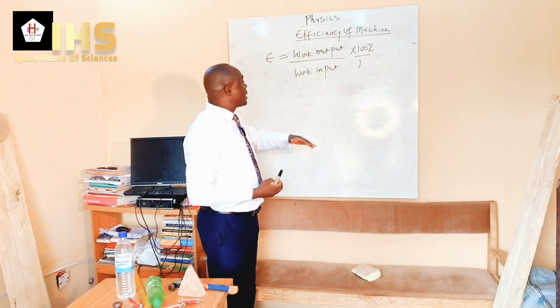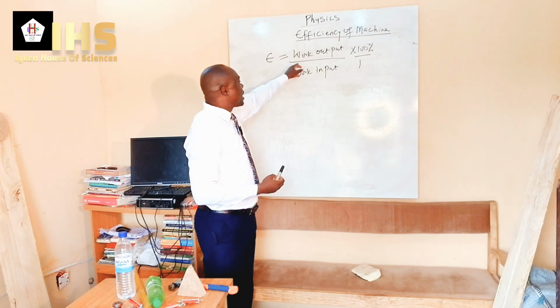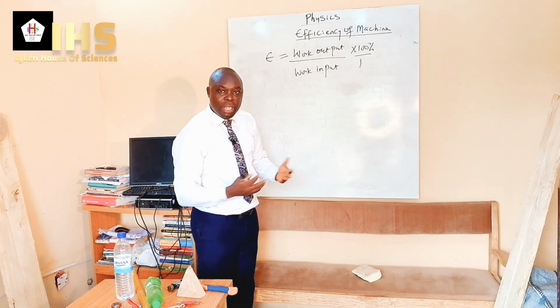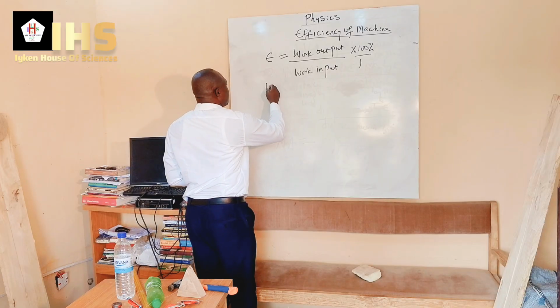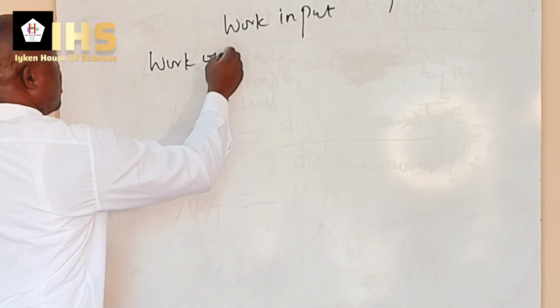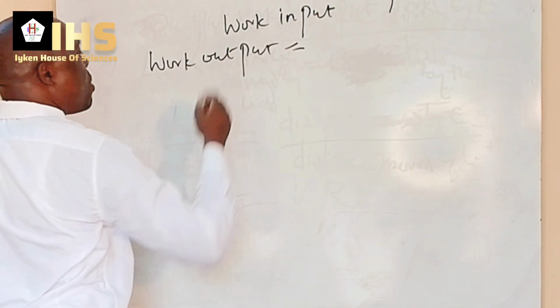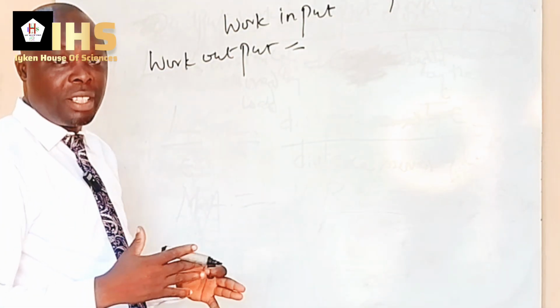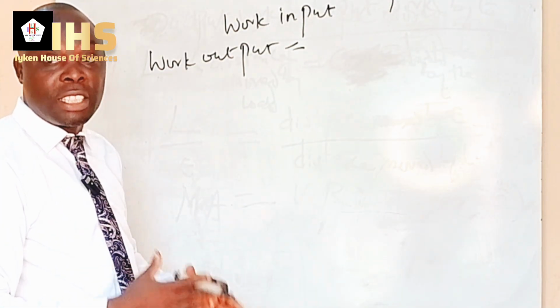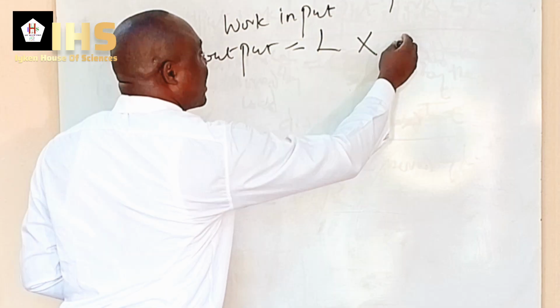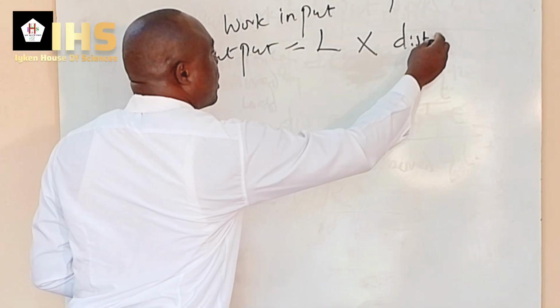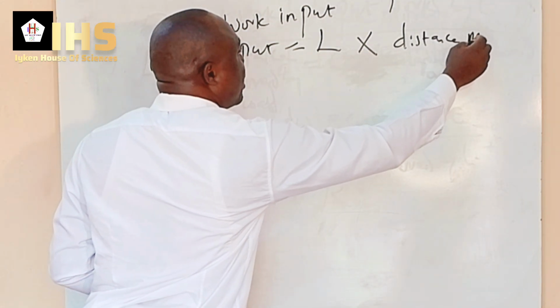In our last class, I told you the meaning of work output. The work output is equal to the load, that is moved, multiplied by the distance moved by the load.